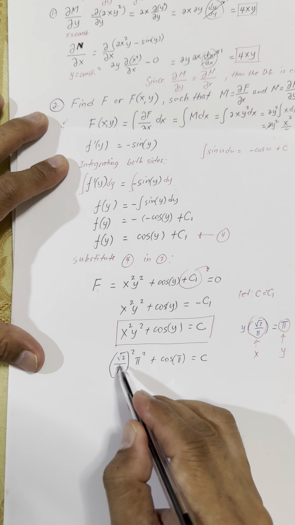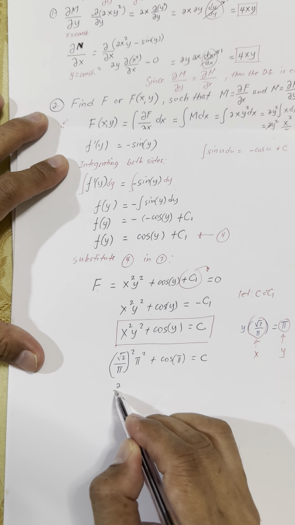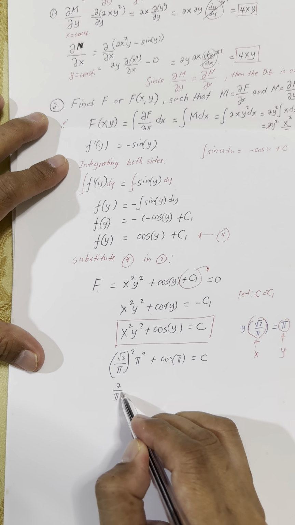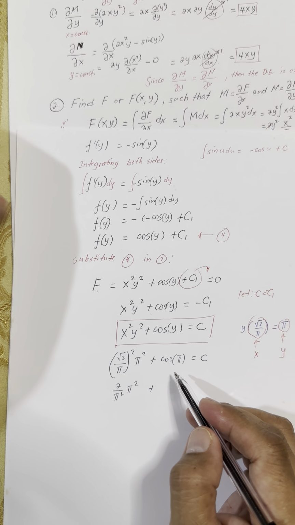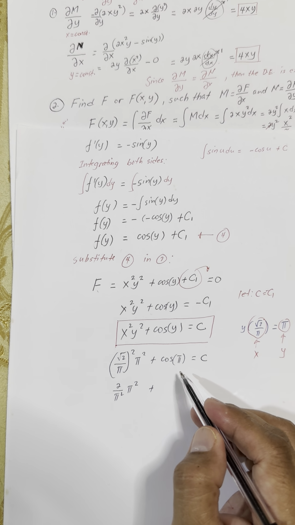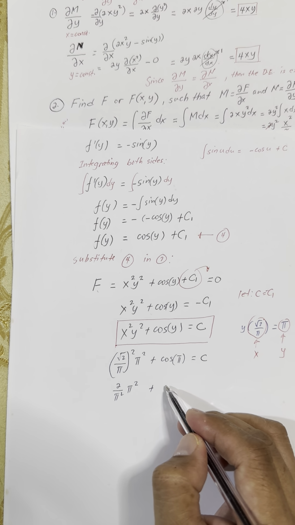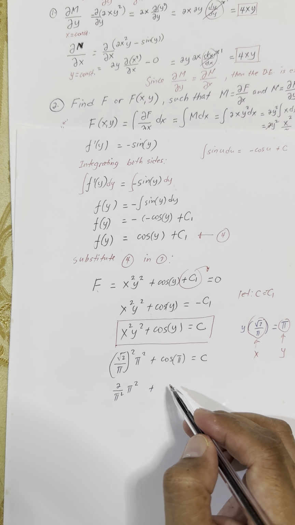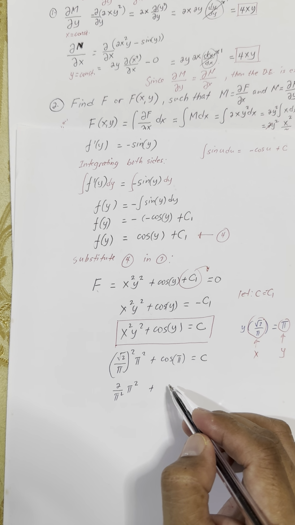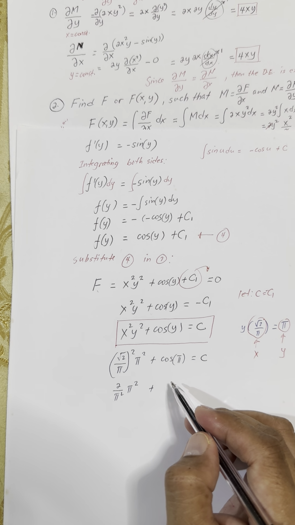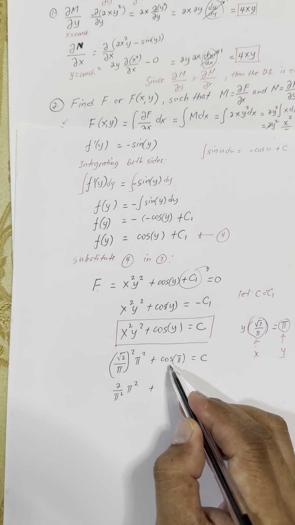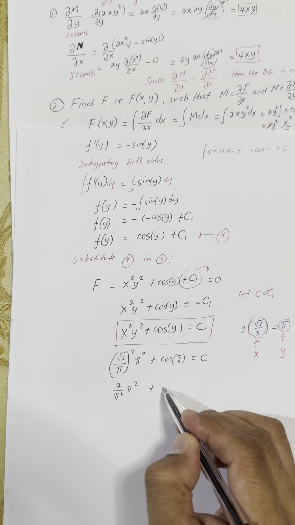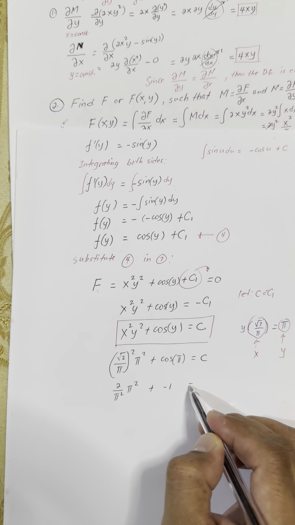So from the law of exponents, we can rewrite this as 2 over pi squared, okay, then times pi squared, then plus what is cosine of pi. What is cosine of pi? Cosine of pi is equal to, what's the cosine of pi? Cosine of pi is equal to minus 1, equal to c.